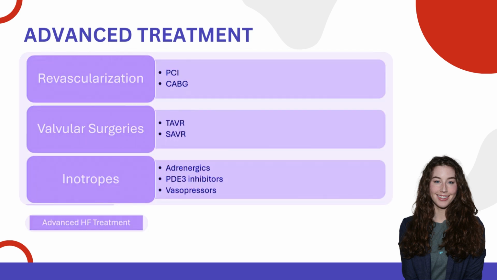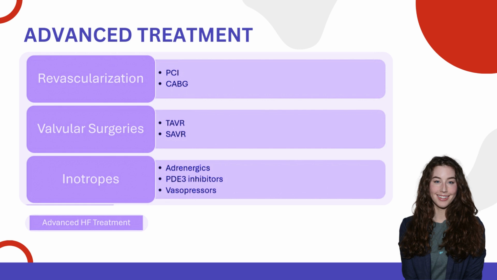So for bypass, CABG, coronary artery bypass grafting, or PCI, percutaneous coronary intervention, it depends on the severity and the complexity of the CAD, comorbidities, and prognosis. So you use PCI for single or double vessel disease without left main involvement, and CABG for left main involvement or three vessel disease and refractory angina or post-PCI failure.